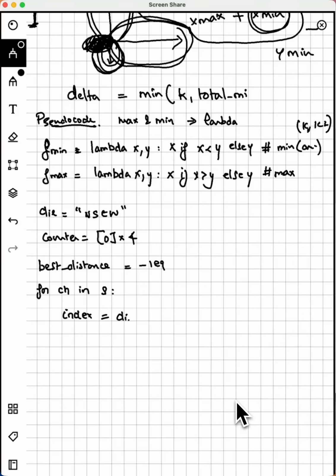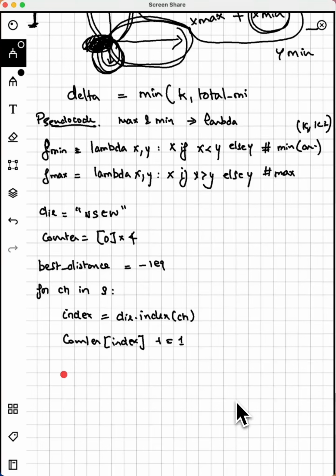Index is equal to direction dot index of ch, and then you increment your counter, and now you evaluate the advantage or disadvantage that you're getting by taking this index.